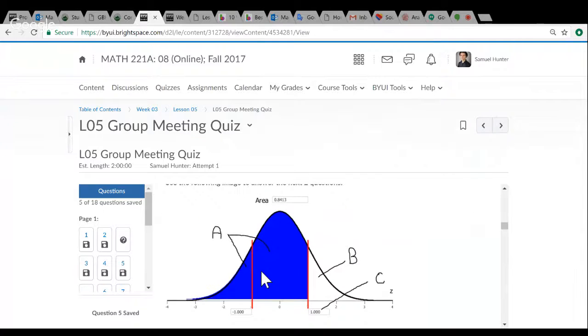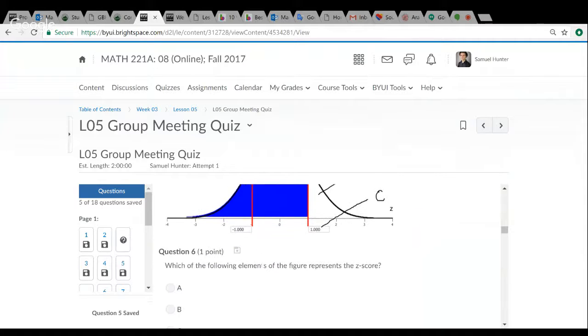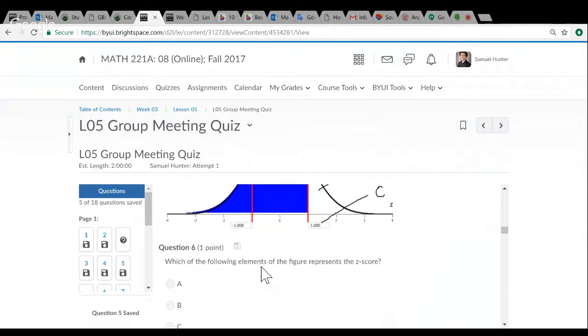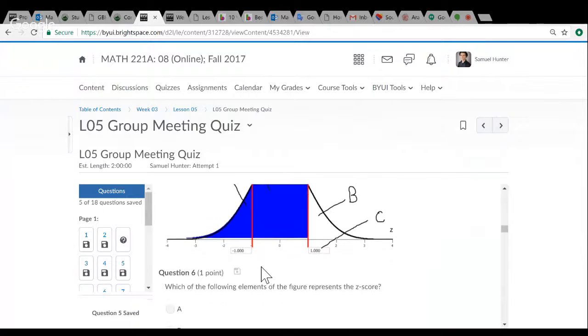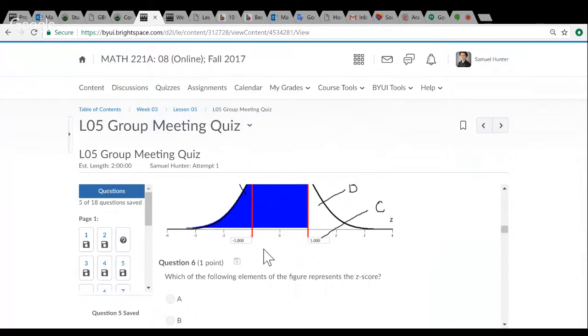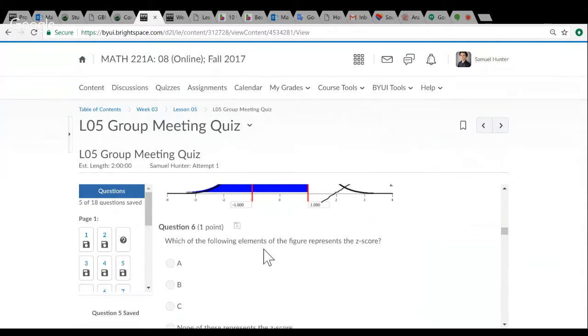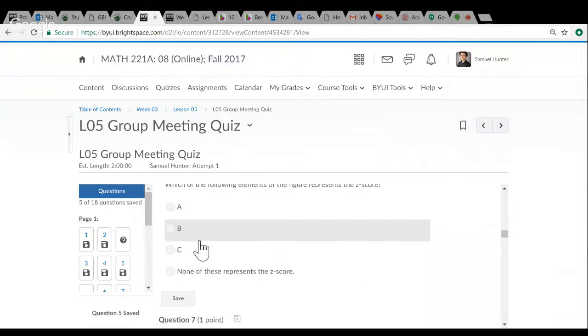Use the following image to answer the next 2 questions. Which of the following elements represent the z-score? C? Yeah, it's C because it's the larger number outside of the mean area. Okay.